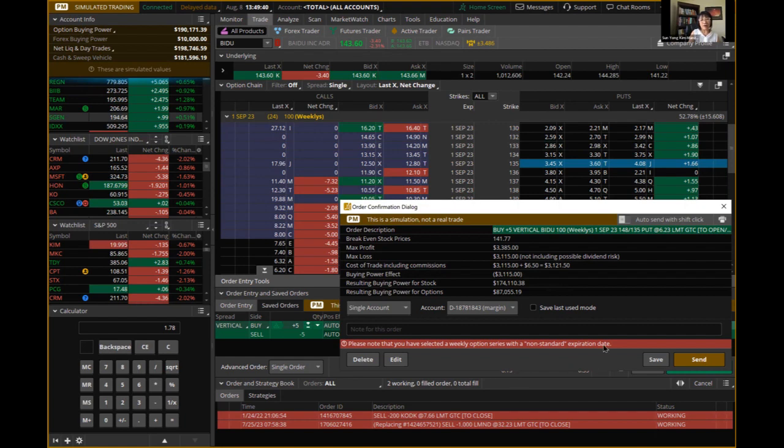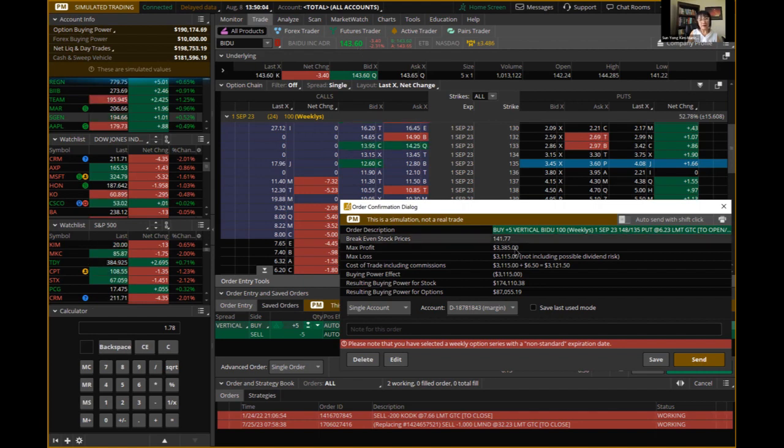Okay, so now we talked about this, so I wrote it down. It's very, very important to write down the current market when I'm looking over the trade, looking at the chart, trying to get ready to set up a trade. And right now it's 143.60, so it's gone down like 14 cents. All right.